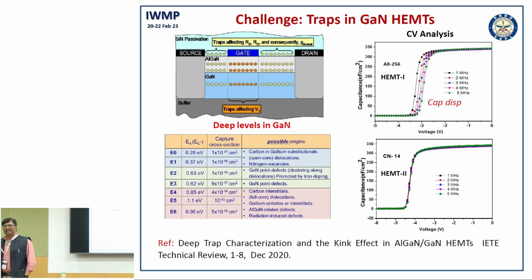So, it is clearly indicating that there are traps in the interface near 2DEG, and this effect you can see also in your pulse IV measurement, where you will clearly see the effect of these traps indicating current collapse or knee voltage walkout, knee voltage shift.